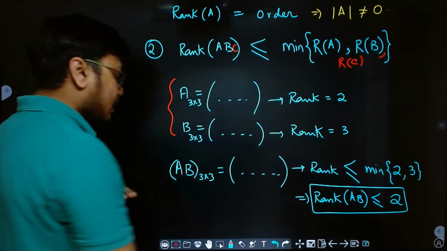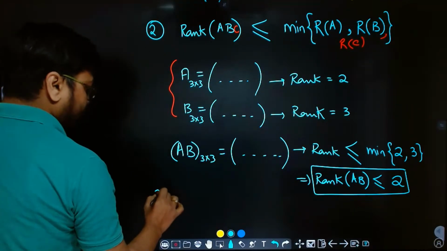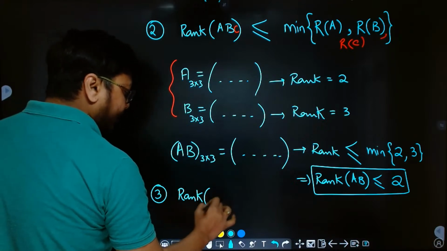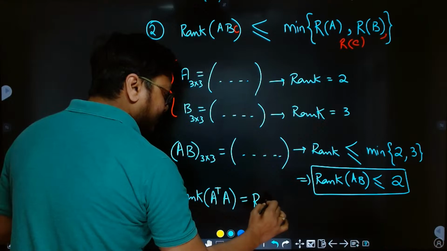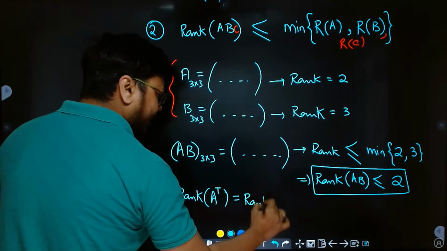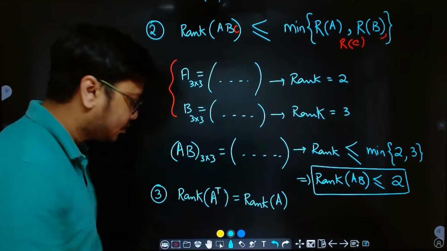Okay, and then the final property. First let me tell you this property: the rank of A transpose and rank of A is the same. If you do transpose, rank does not change.